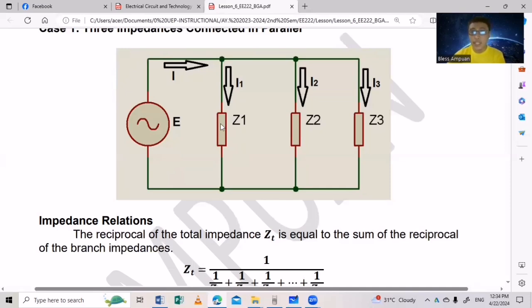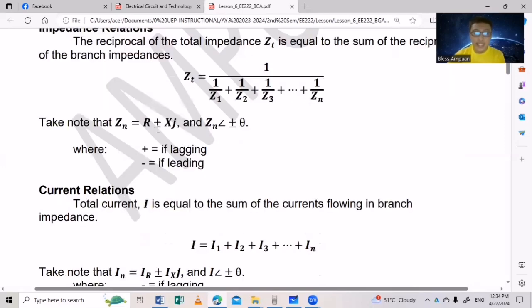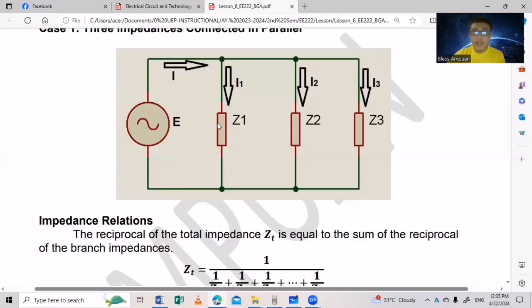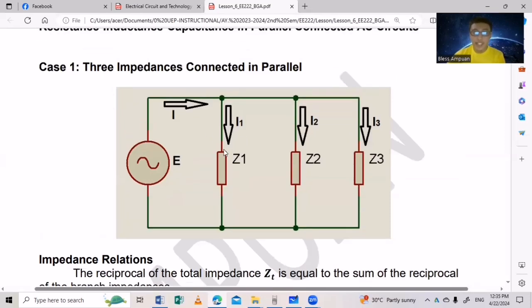So it depends on the circuit, or it depends on the problem. Again, our Z here is always R plus or minus X. If it is pure resistive, it's possible. If pure capacitive, pure inductive, that's all.